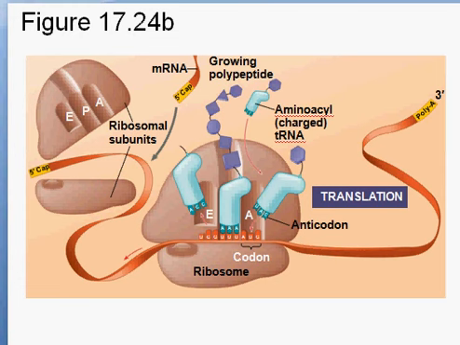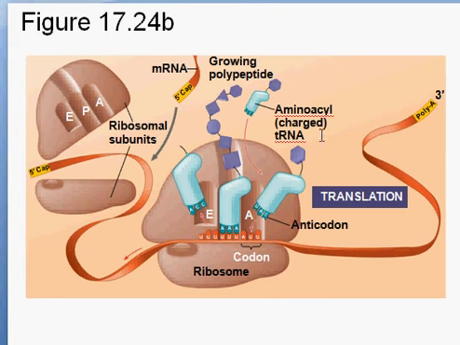This is a picture again showing the different players here in translation, and we have the two subunits of the ribosome shown here, and how we will get the messenger RNA, which will bind to these subunits and cause them to actually form one unit.